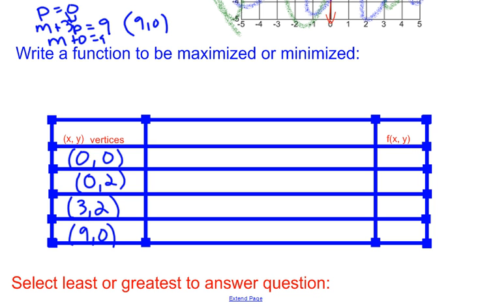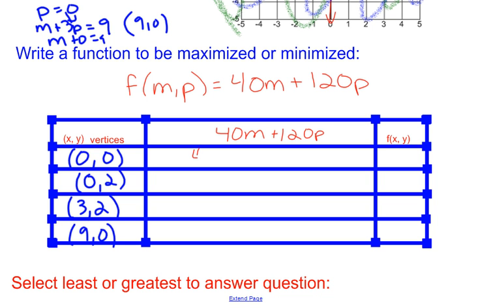My function to be maximized, again, I'm going to use the money. So my variables are m and p, mowing and pruning. For a mowing job, I make $40, so it'll be 40m, plus I get $120 for pruning. So that's what I'm going to put in right here.